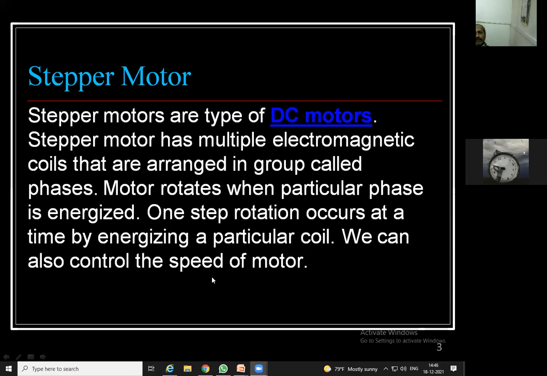Majorly, the applications of the stepper motor are where we need the rotation of the motor in particular steps. If you remember the printer, the page is inserted and comes outside after printing. Internally there are some gears, and those gears slowly, step by step, rotate as the page goes inside. So there the steps are required. The total is 360 degrees, so a step means a specific angle.